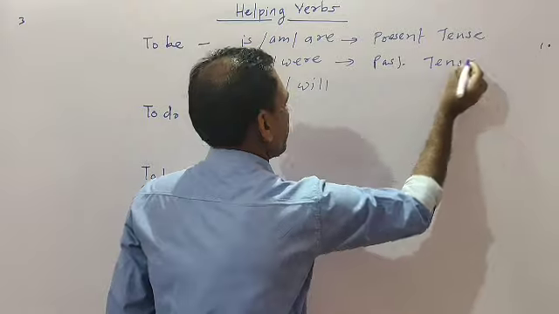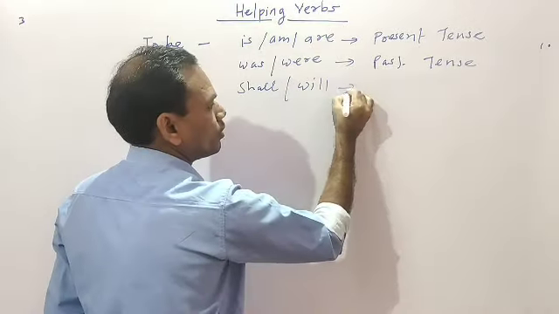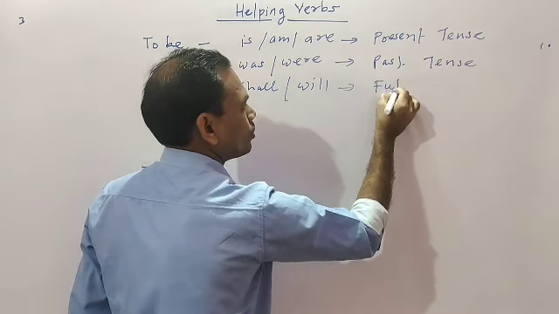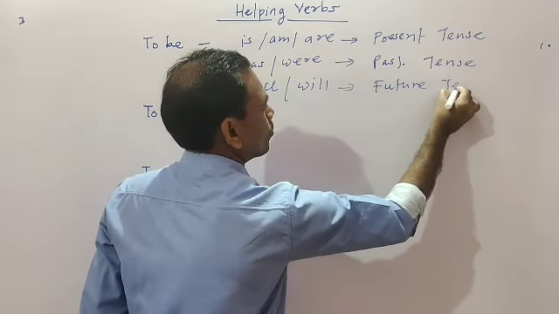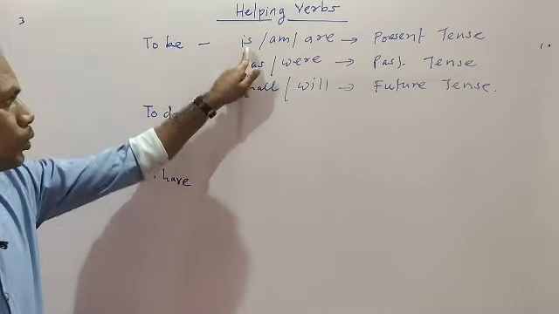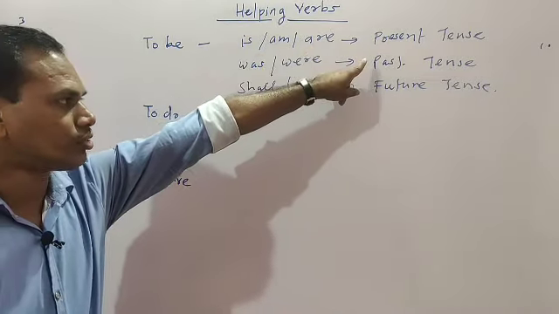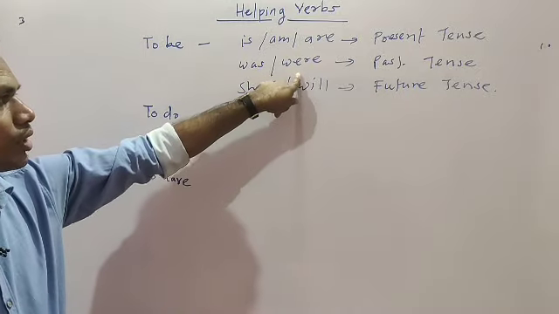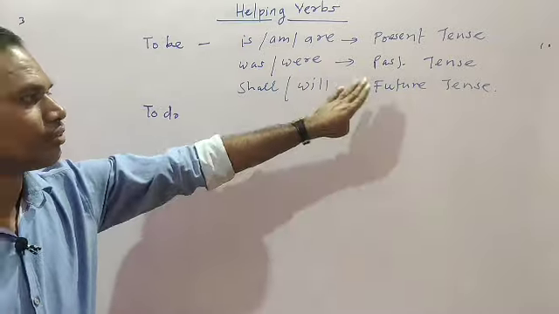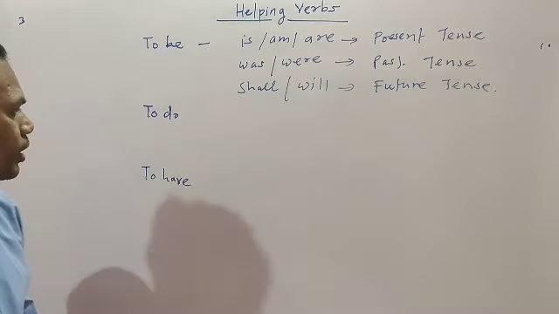Then shall and will we need to use in future tense or future form. Right. So is, am, are we have to use in present tense, was, were we have to use in past tense, shall and will we need to use in future tense, right?